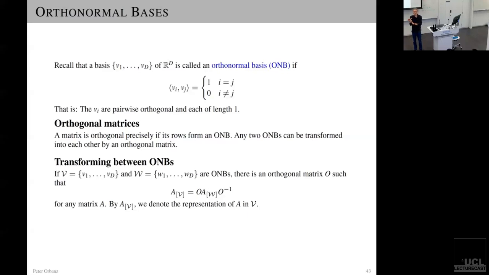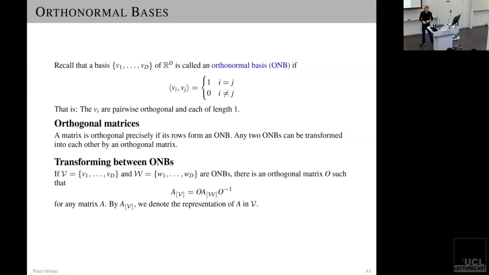We can represent that map in a given basis as a matrix. But if we take two different bases, then the same map is represented by two different matrices. The way we get one of these matrices from the other is that we take the orthogonal matrix O that represents the change of basis, and we multiply on one side by O minus 1 and on the other side by O.